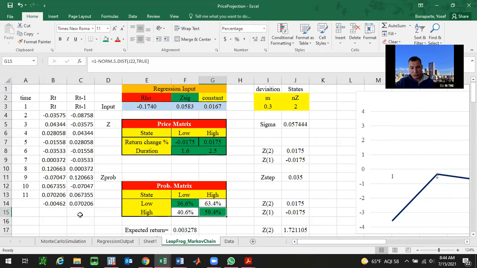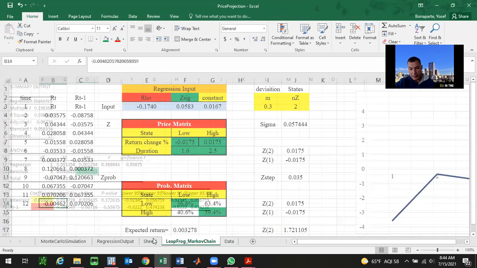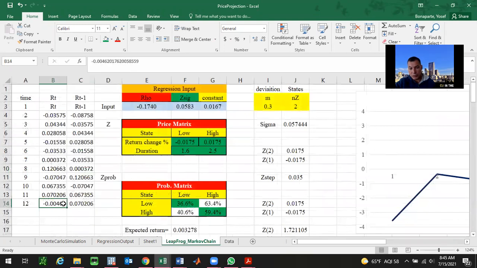Okay, so now the question is, what state am I in now? Am I in the low or in the high? Well, obviously, here it is. You can see here, this is your return, negative 0.0046. Is that low or high? Well, you go to the data, and your average is 0.006. But the last observation was negative 0.004.